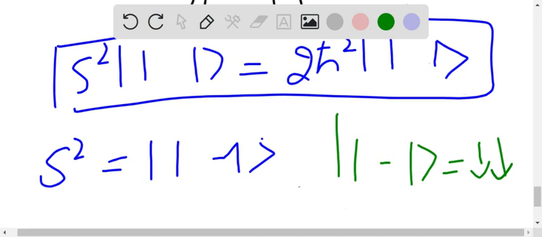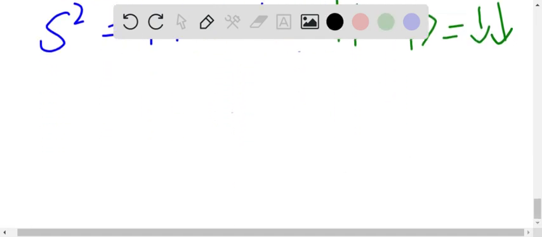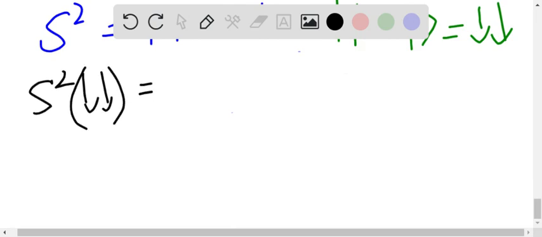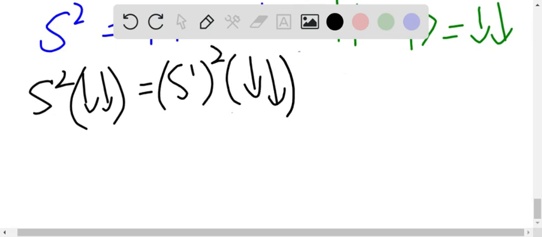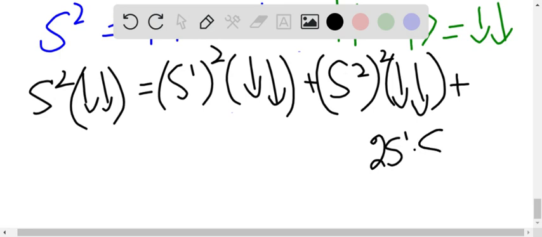So for this we have S square equal to S1 square plus S2 square plus 2 S1 dot S2, and let's take it term by term.